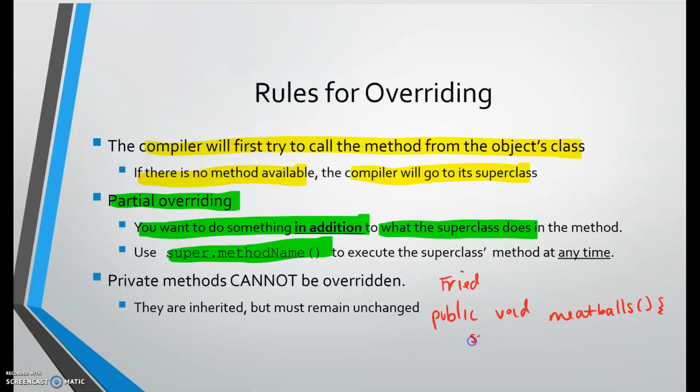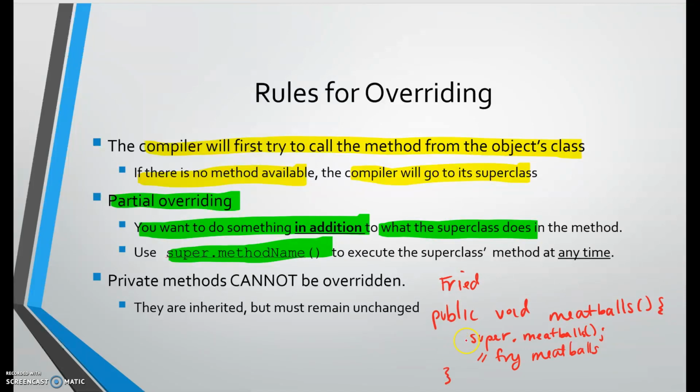And the first thing that you're going to do is make your mom's meatball recipe. So that's what this is right here. When you say super.meatballs, you are making your mom's meatballs recipe. And then now, I'm just going to write this as pseudocode, because now we're going to fry the meatballs. And then that'll be the end of my method.